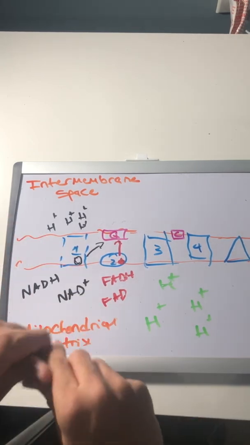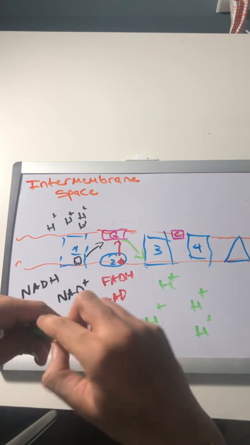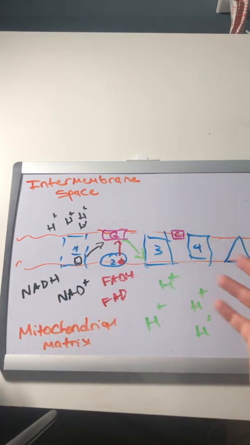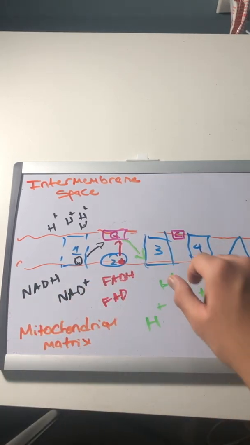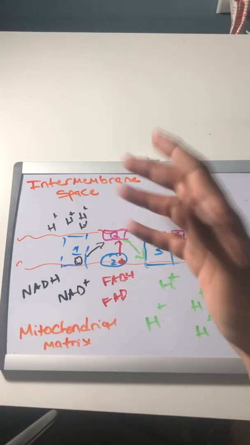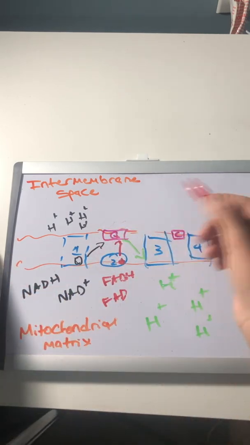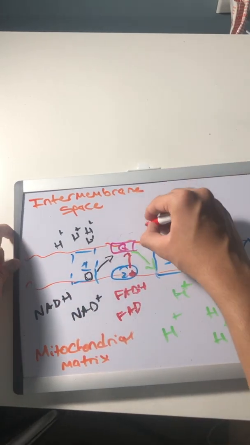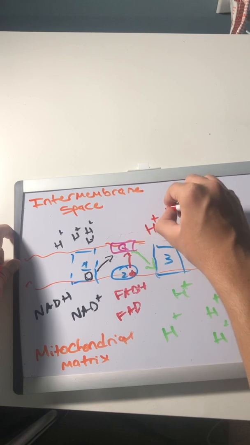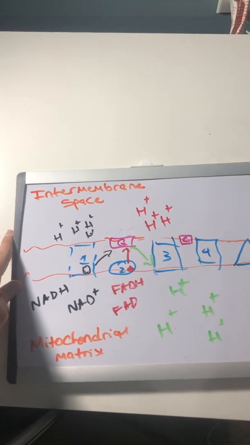Once these extra electrons from complex 1 and complex 2 are within coenzyme Q, those electrons go on to complex 3. All of those electrons supercharge complex 3 once again and allow more protons, more proton gradients, to form up there.